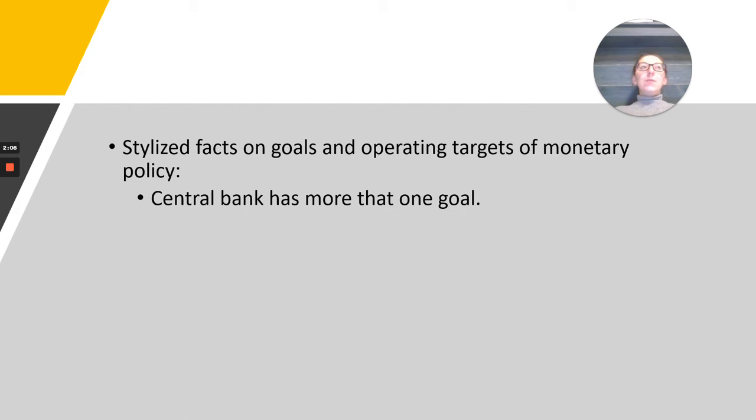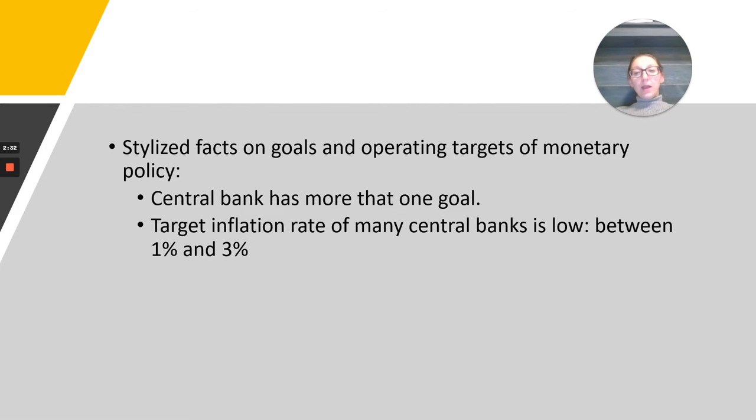It might be focused on exchange rates or keeping the exchange rate fixed. Which goals become more important depends on the term we're talking about, on the major problems in the economy, and so on.